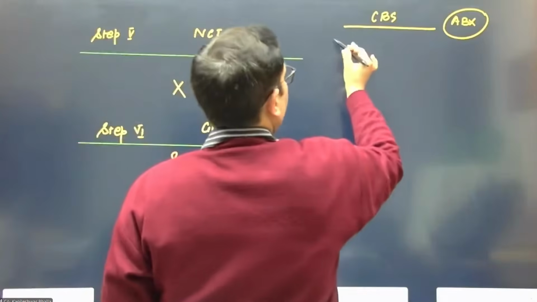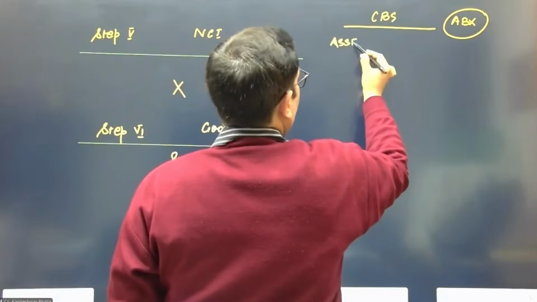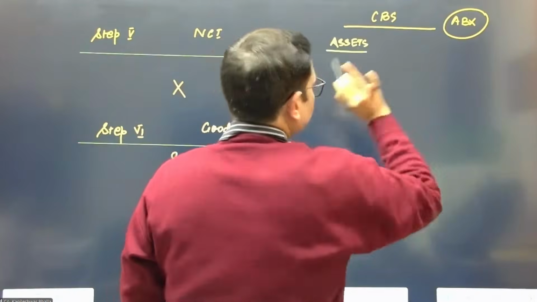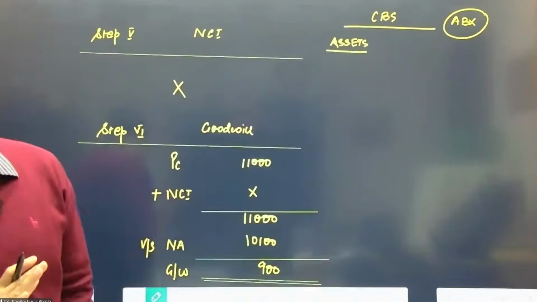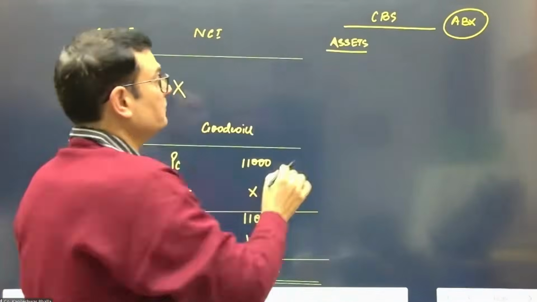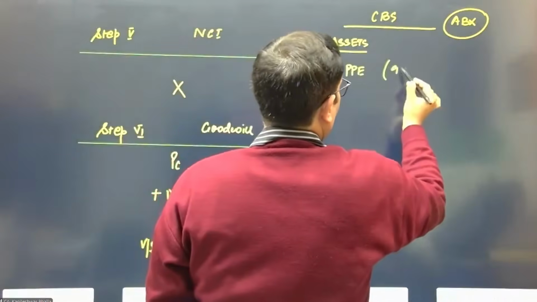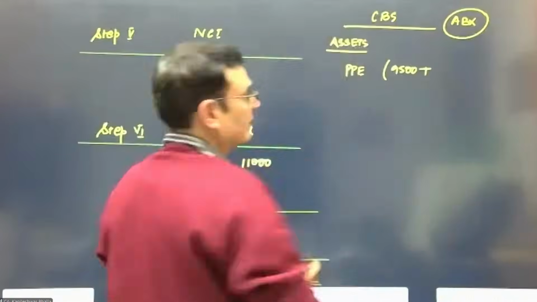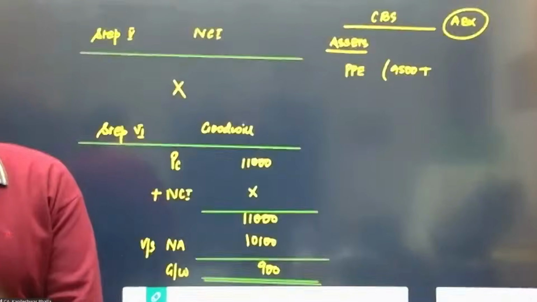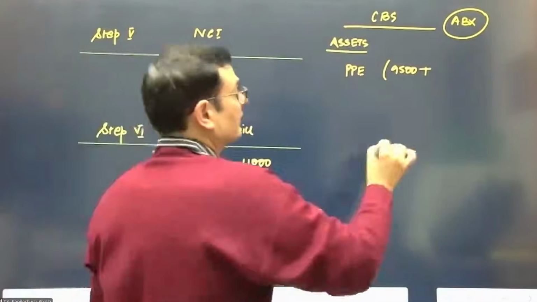I'm just going to make a little unstructured balance sheet, not taking all the headings, just taking the basic inputs. So we've got PPE. We take the fair value of AX and we take the book value of BX, that's 7,500.